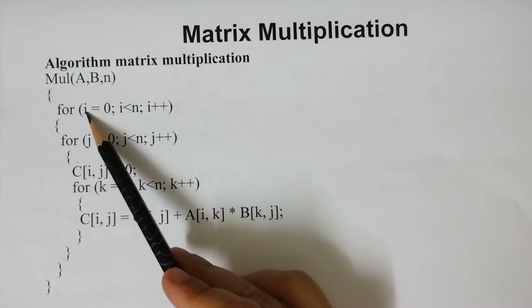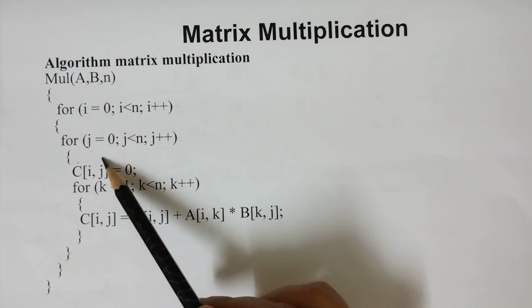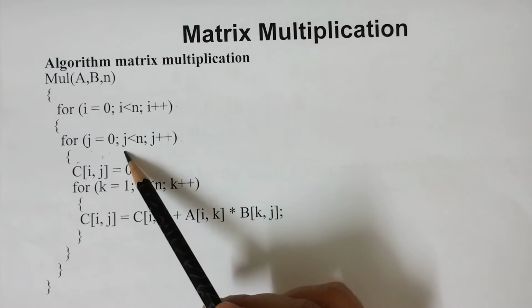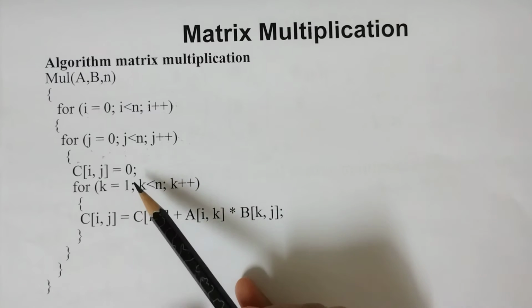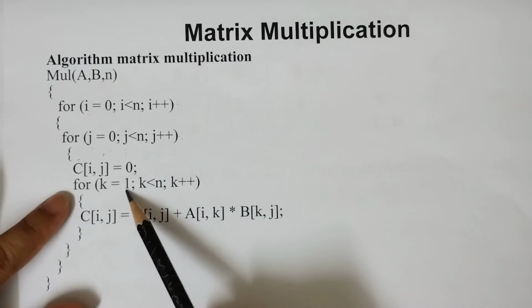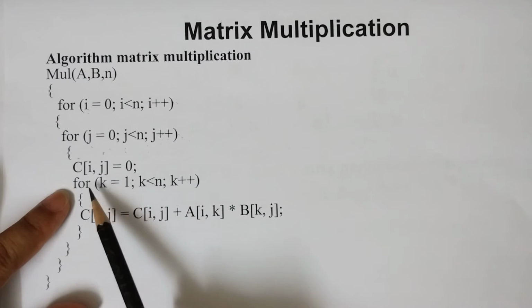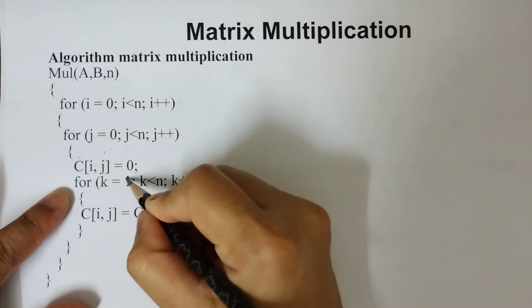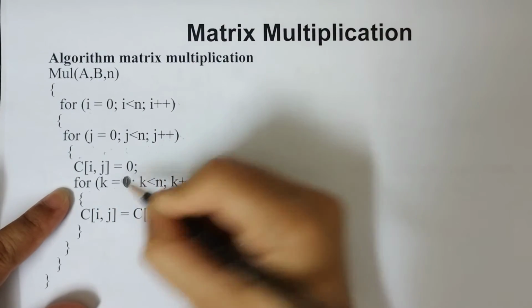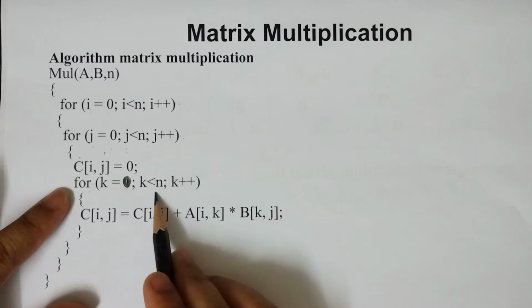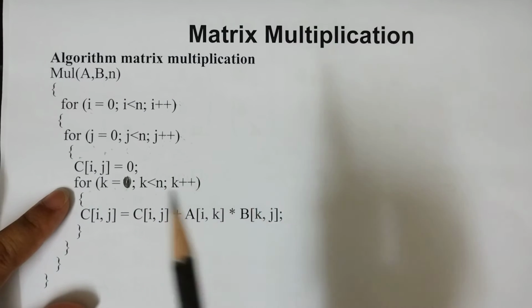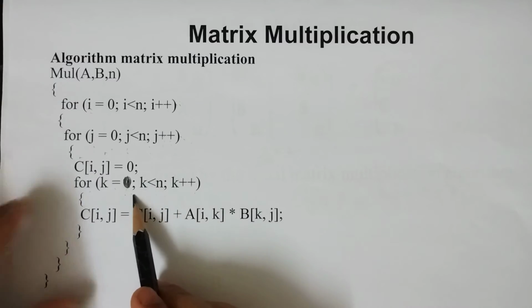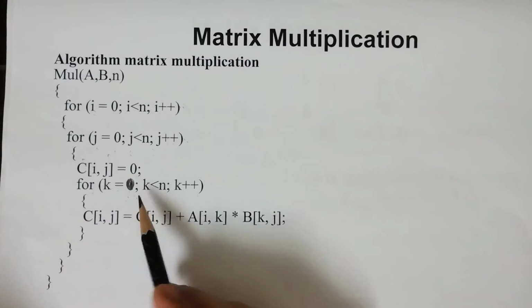Okay, here the variables i and j are used to indicate the row and column indexes. Now coming to the inner for loop, I have used an inner for loop which contains the variable k, and this also starts from index value 0 up to less than n, k plus plus. So why am I using one more for loop, that is a third for loop?